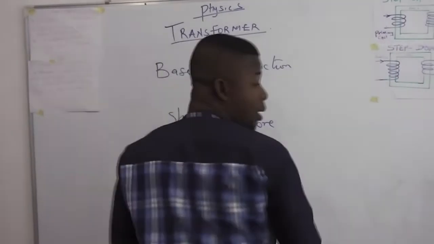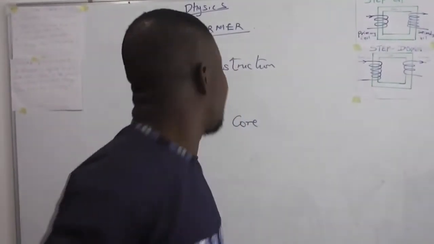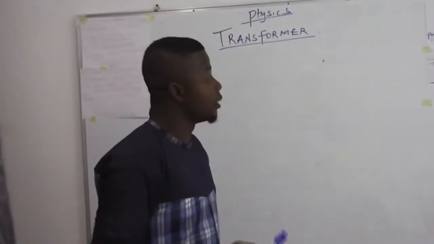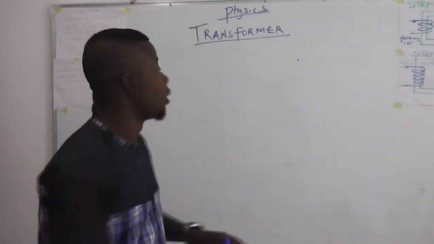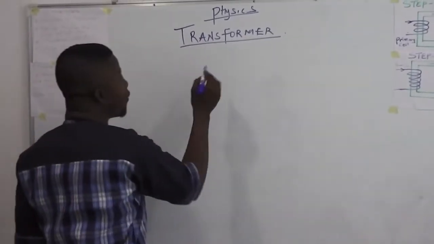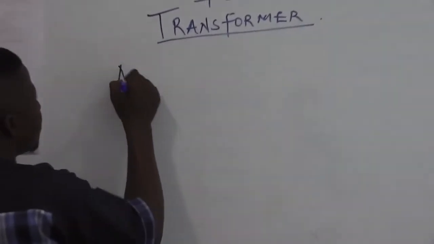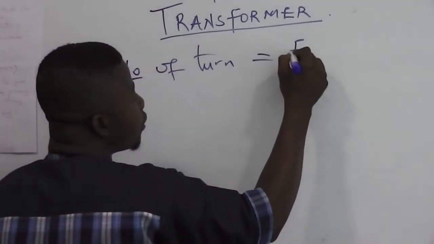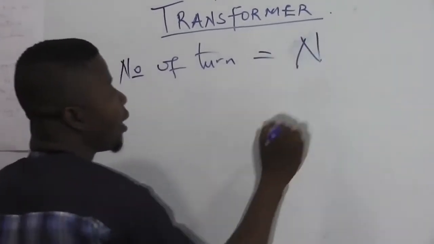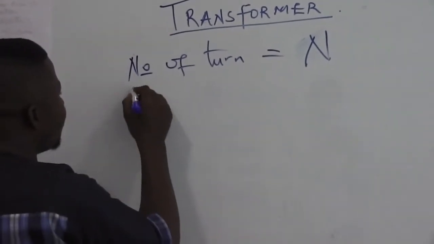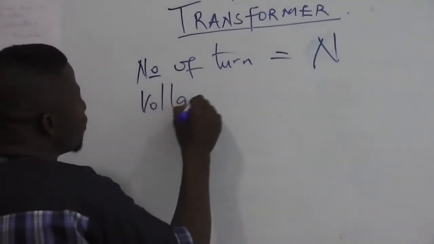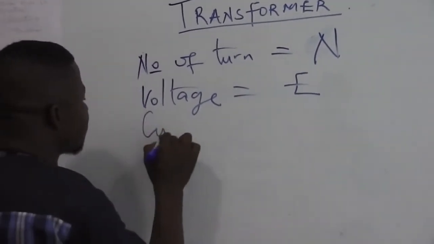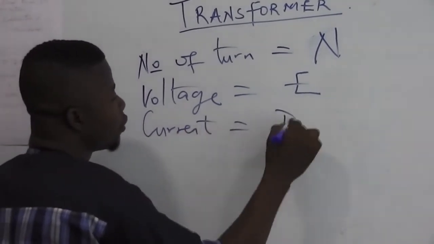Now I have transformer calculation. I'm going to explain the calculations that you need to know in a transformer. Since in a transformer we have the number of turns, let's use N as number of turns, E as voltage, and I as current.